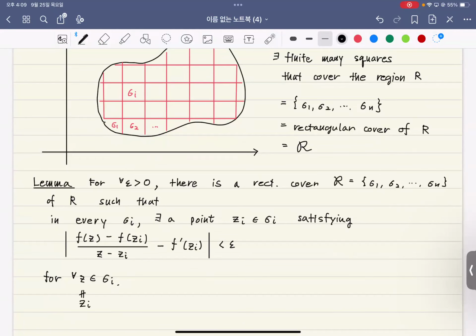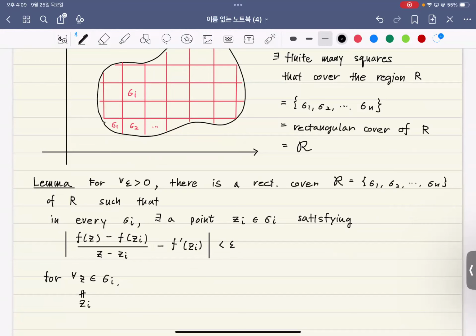This sounds very complicated because this is a compound mathematical statement. Let me try to analyze the statement line by line. Just choose any epsilon.